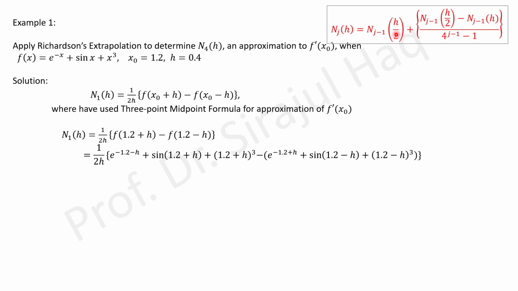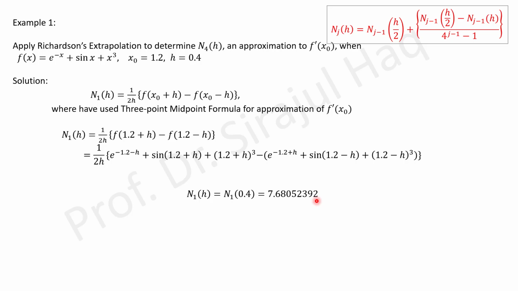It means that you have to find N1 of h, N1 of h divided by 2, N1 of h divided by 4, and N1 of h divided by 8. Replace h equal to 0.4, that will give you N1 of h. So replace h equal to 0.4 in this expression and simplify it, you are getting this value.